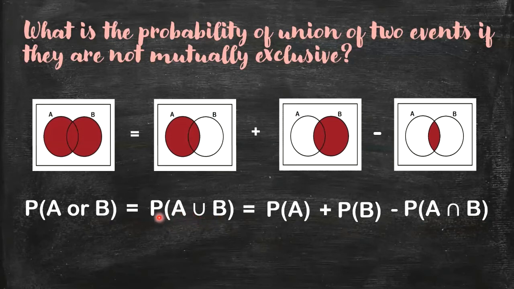If you want to get the probability of A union B, it is equal to probability of A plus probability of B minus the probability of A intersection B. Kasi kung wala naman silang intersection, like they are mutually exclusive events, zero lang naman yung probability ng intersection nila. So, mawawala lang to. Alright?